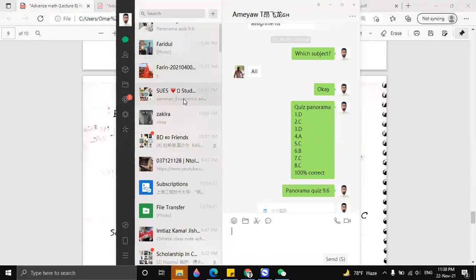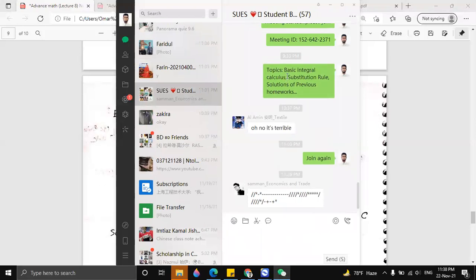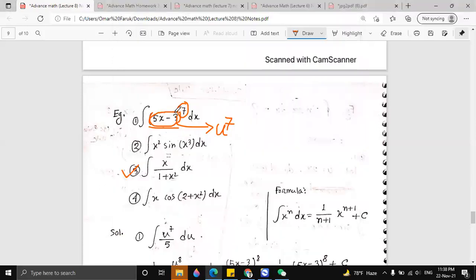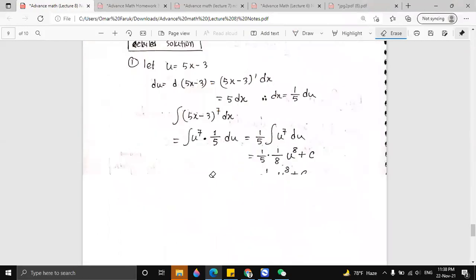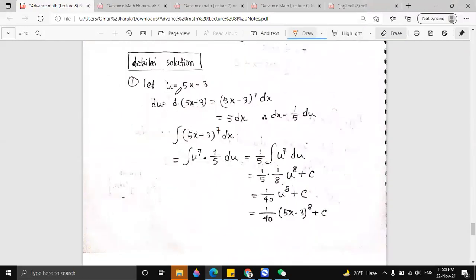Okay, thank you. So this is called the substitution rule. Here we are using the substitution rule. So u to the power 7, and now what I did here, I just let 5x minus 3 equal u.